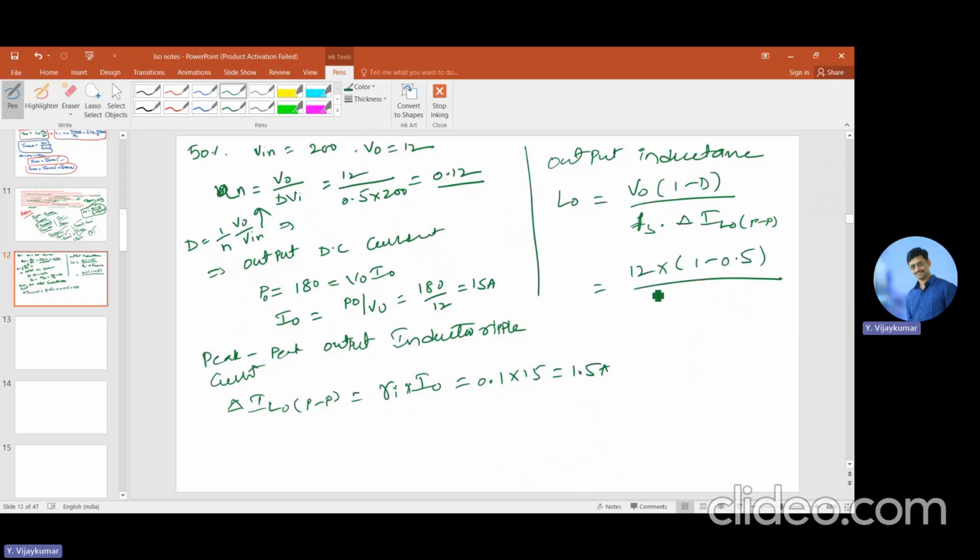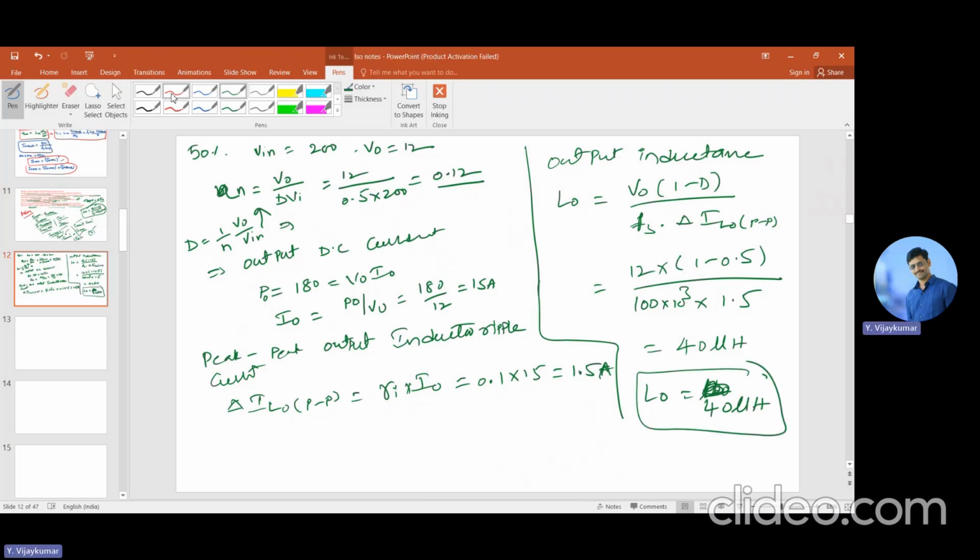Divided by switching frequency, 100 kilohertz, 100 into 10 power 3, into delta IL naught, which we got as 1.5. After solving this we get 40 microhenries. So this is the first answer, 40 microhenries. Answer for the first question, this is L naught.